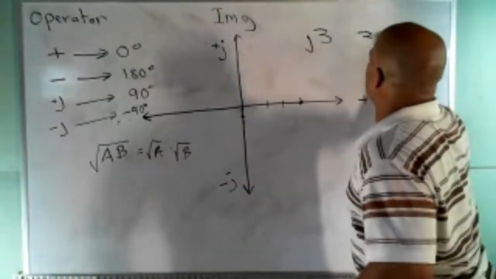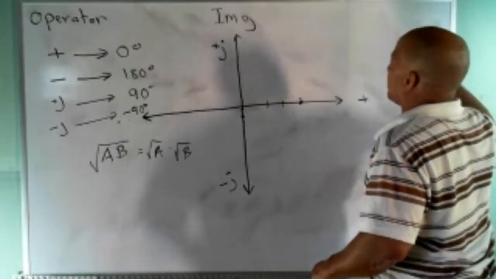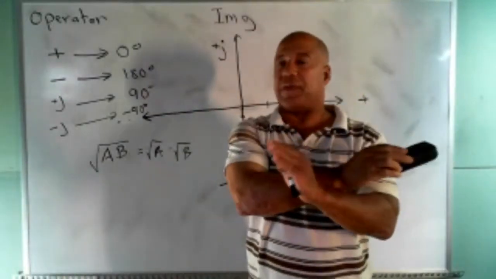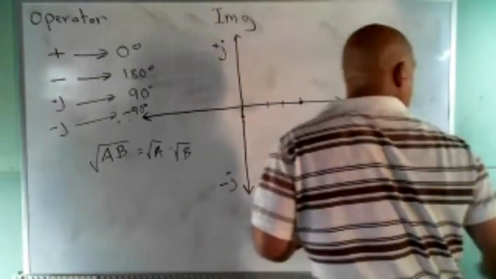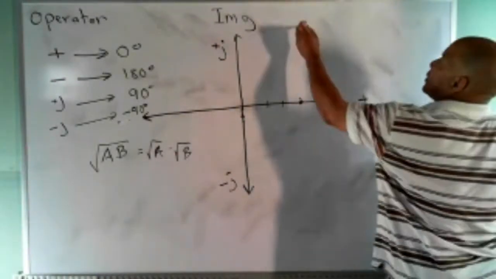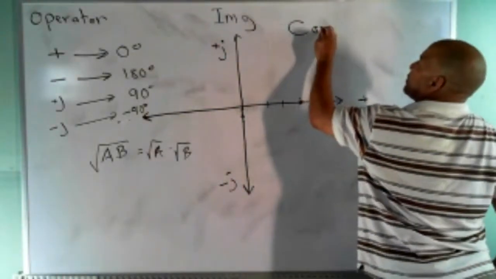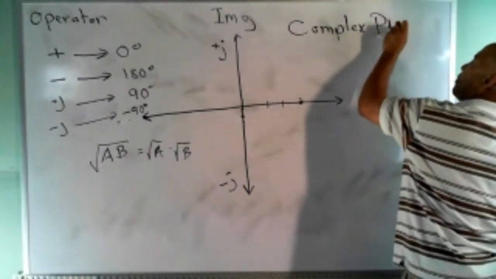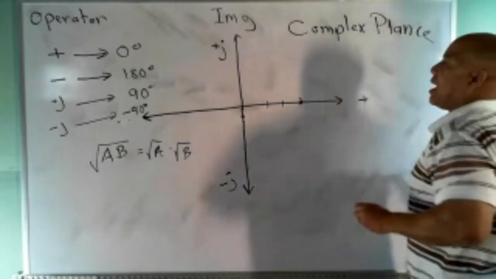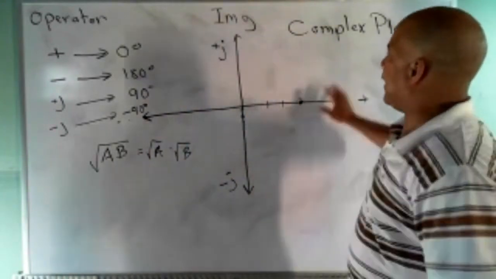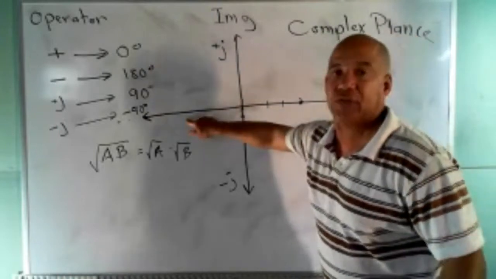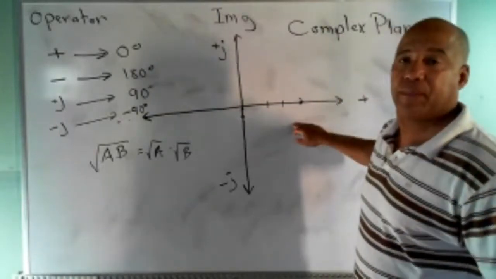This coordinate system, you know, 2 lines make a plane surface. So this coordinate system that I'm showing you is called the complex plane. In the complex plane, any number that's on the horizontal axis, the real axis, is a real number.